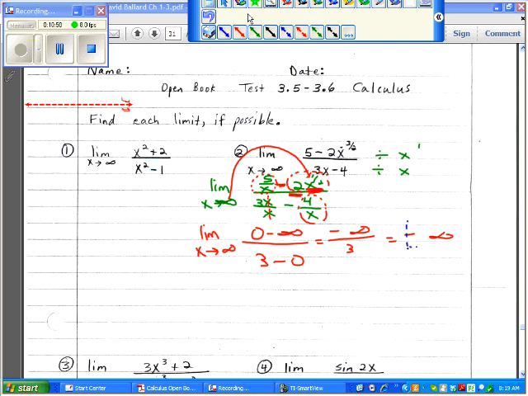So because it's headed into infinity at that target point, we say that the limit does not exist.